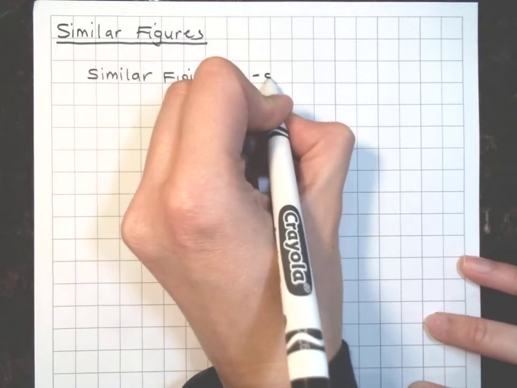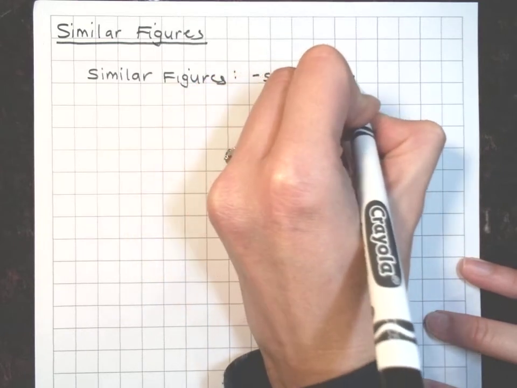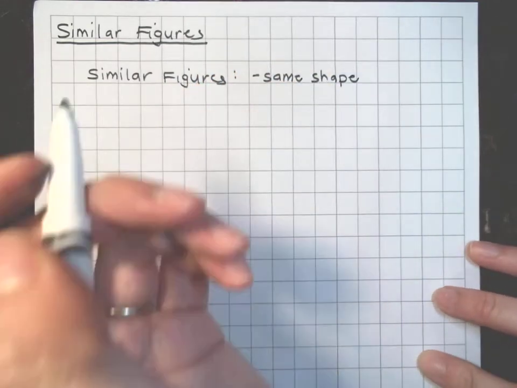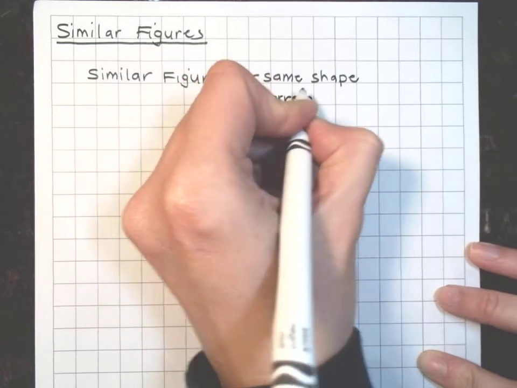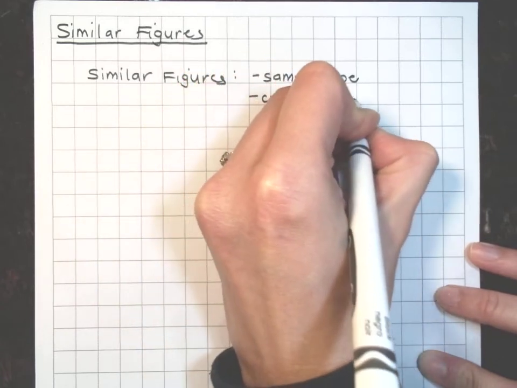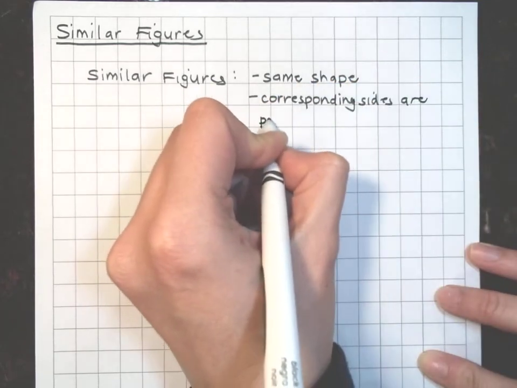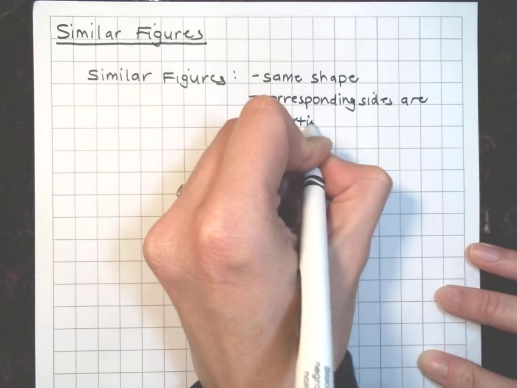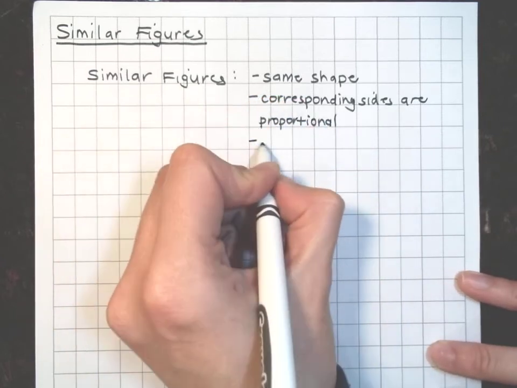They are the same shape. The corresponding sides are proportional. And the corresponding angles are equal.